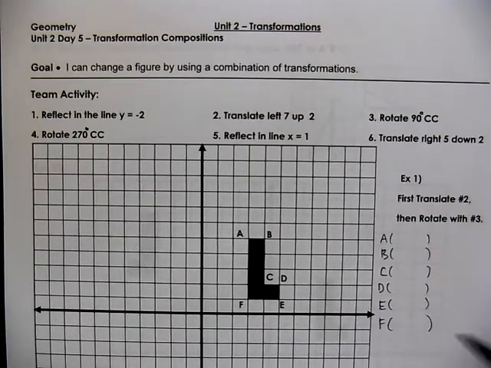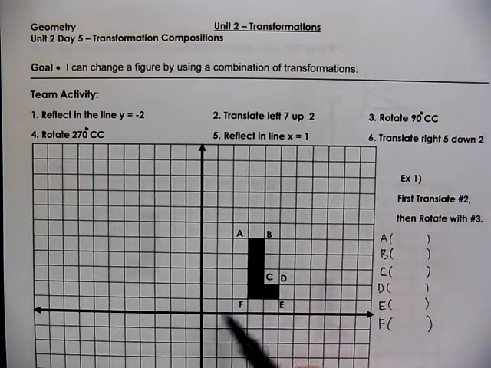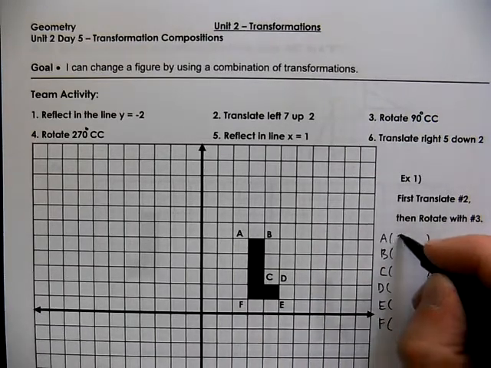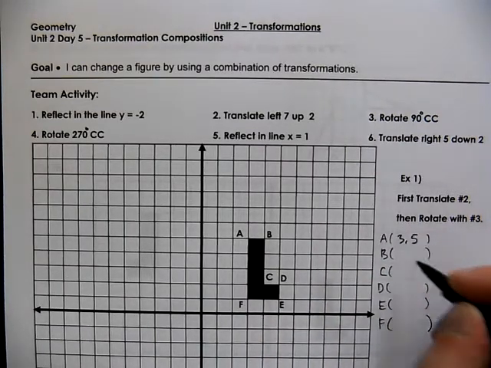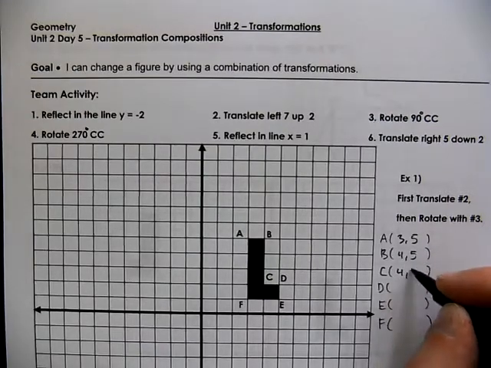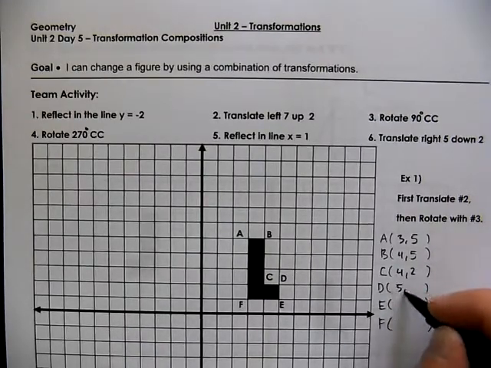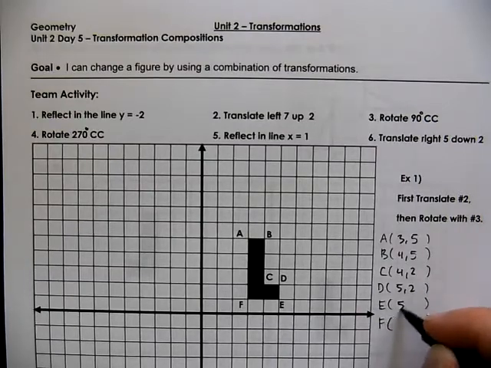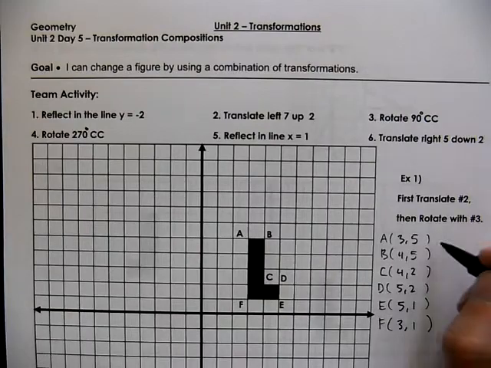This is my pre-image, and so just reading the numbers off of my grid, A is at 3, 5. B is at 4, 5. C is at 4, 2. D is at 5, 2. E is at 5, 1. And F is at 3, 1.